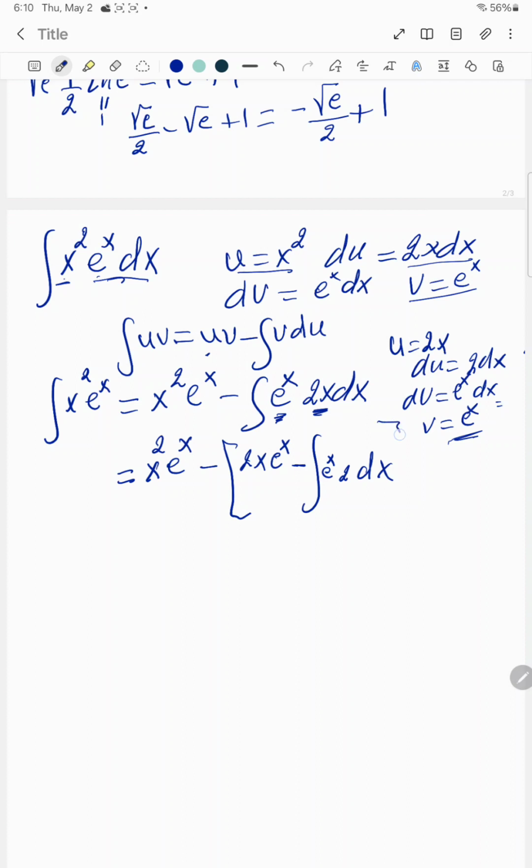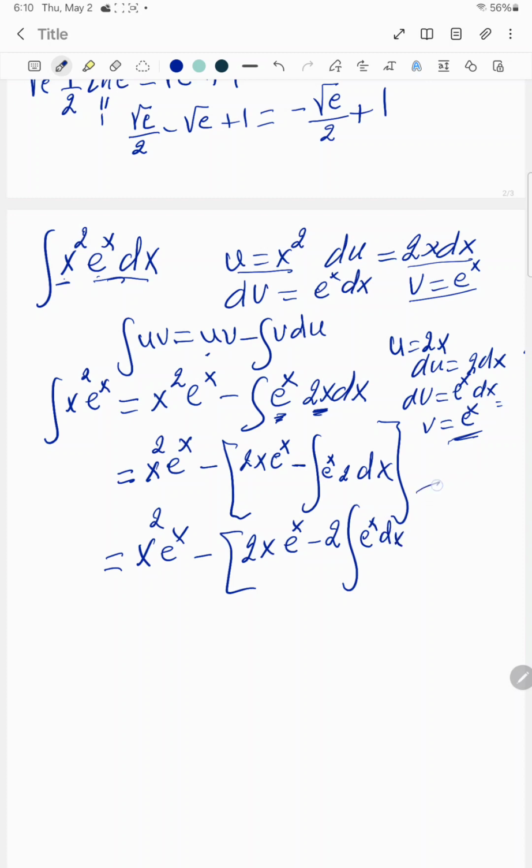Now, my 2 is a constant. I can take it outside. My integral is equal to x^2 e^x minus 2x e^x minus 2 times the integral of e^x dx.